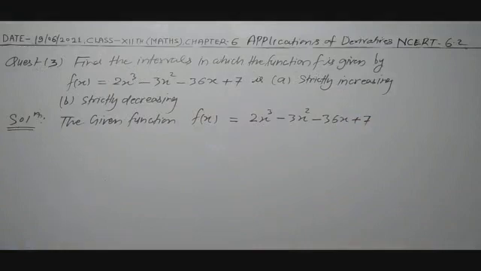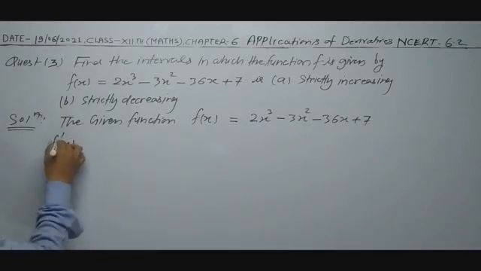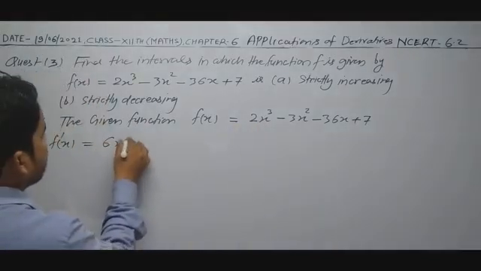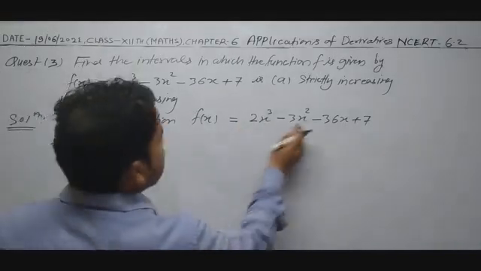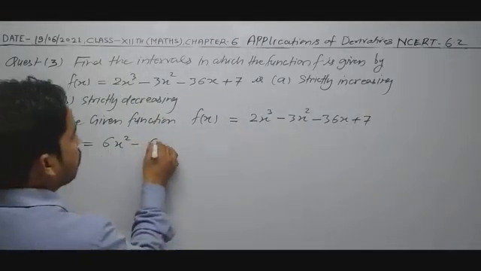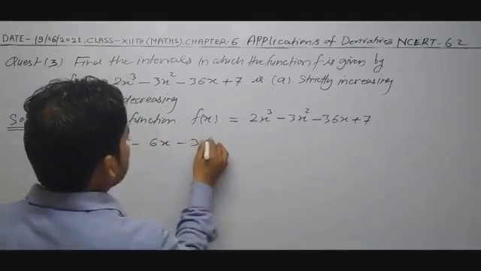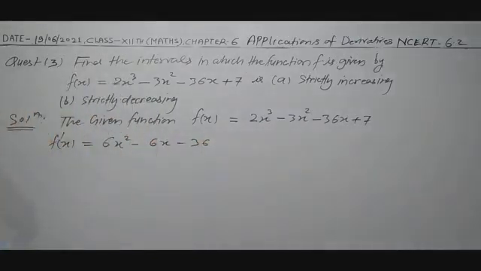This is the given function, and through this function you will find f dash x. So what will be the value of f dash x? f dash x will be 6x square minus 6x minus 36 plus 0.